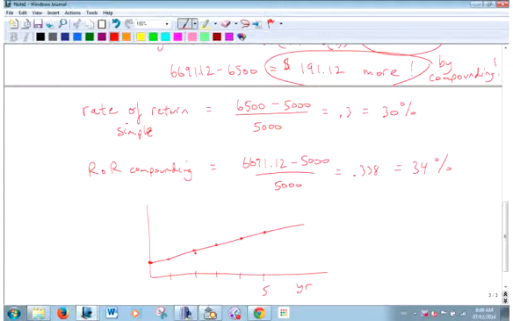It's not straight anymore. I start off with 5,000, and here it's only a little bit higher, but the farther I go in time, the more the difference, which means this line has a curve.